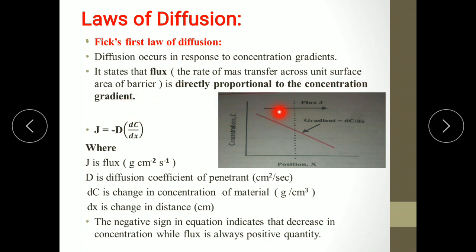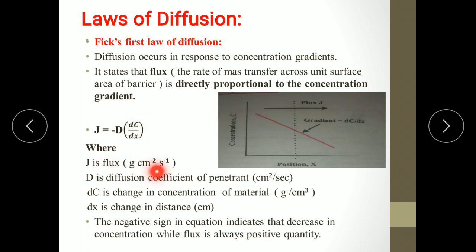Whatever flux means, the rate of mass transfer across the unit surface area is directly proportional to the concentration gradient. Now concentration gradient means the concentration difference between the two areas, from higher concentration to lower concentration, that will be directly proportional to the flux. Flux means mass transfer across the unit surface area.